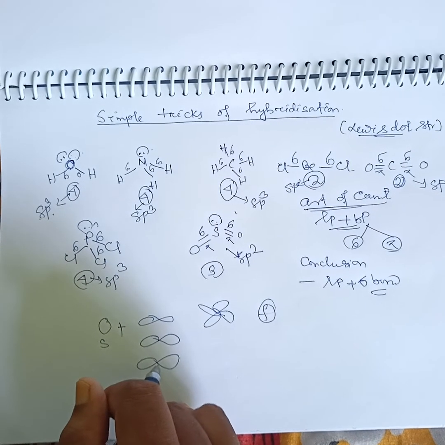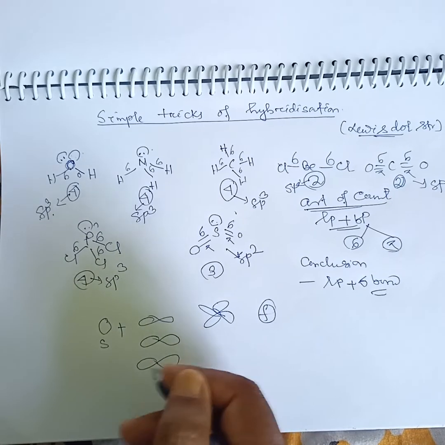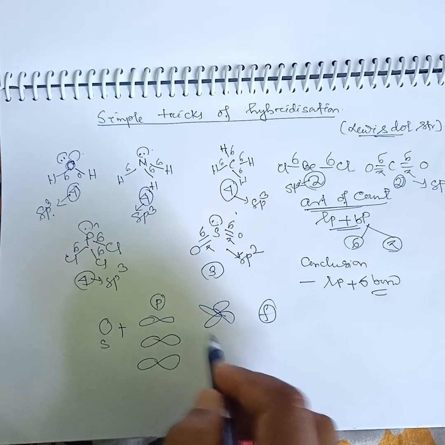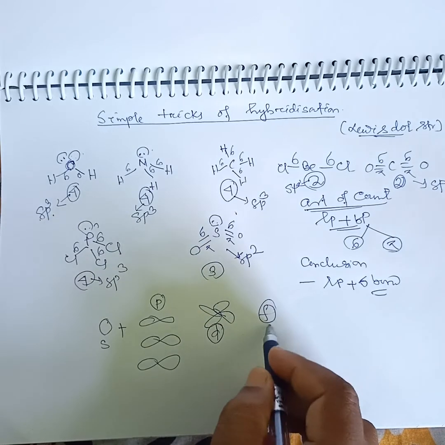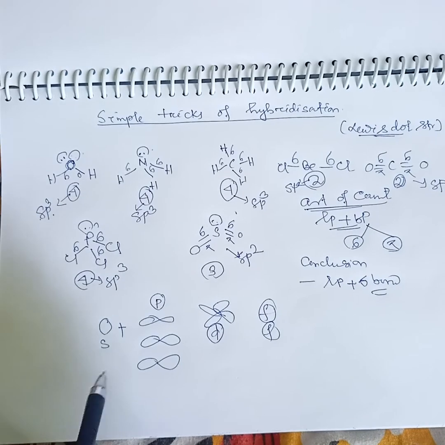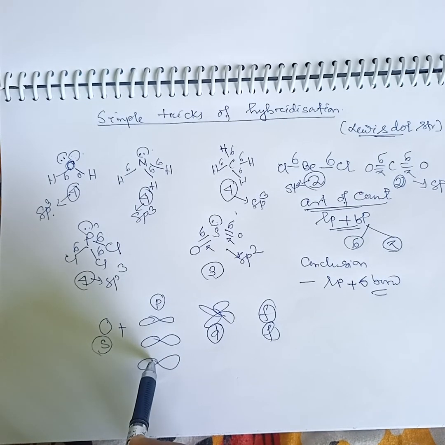When we require more than 4, at that time the requirement of d orbitals occurs. Here we have discussed up to 4, which is why with the participation of s and 3 p orbitals, it is possible to produce 4 sp3 hybrid orbitals.